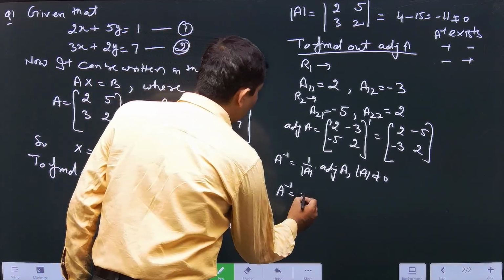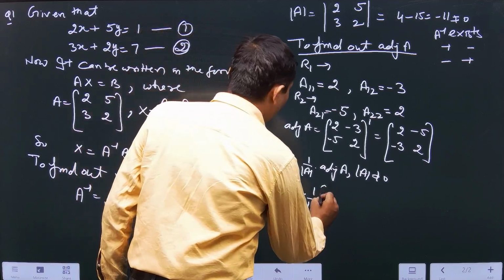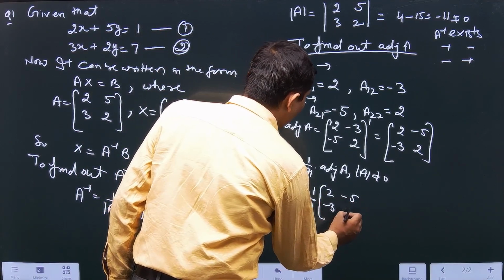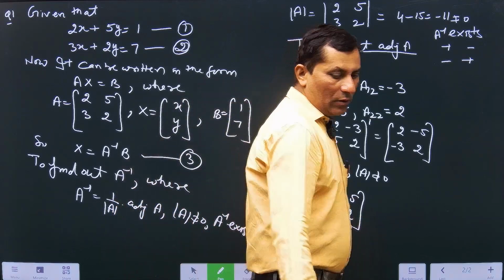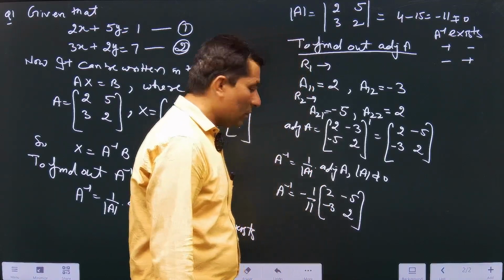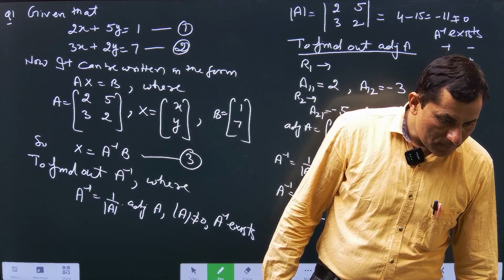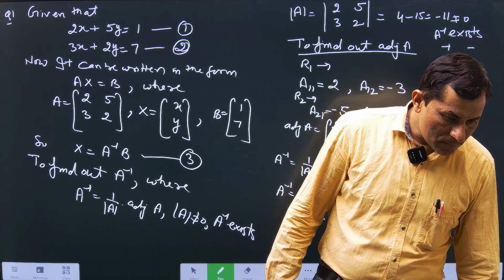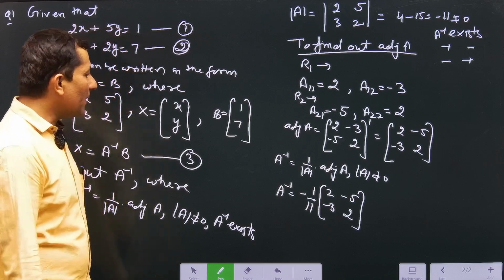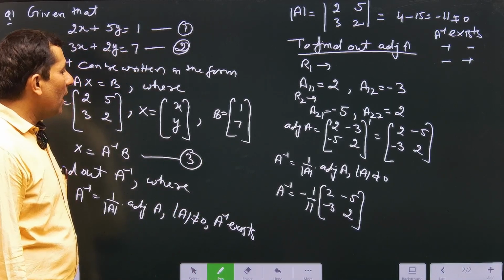Determinant A is minus 11, so A inverse is minus 1 upon 11 times the matrix 2, minus 5, minus 3 and 2. Clear?